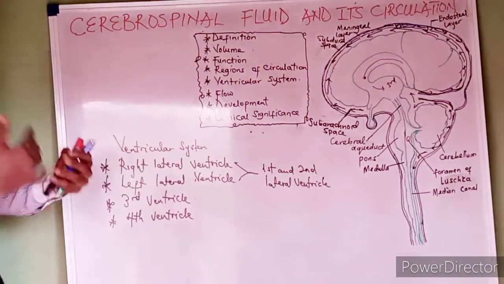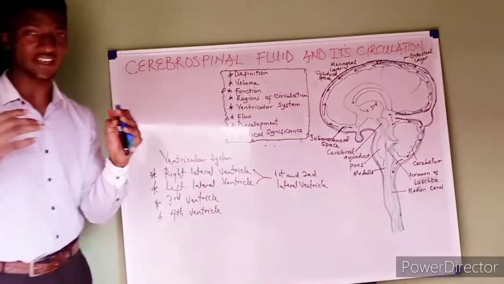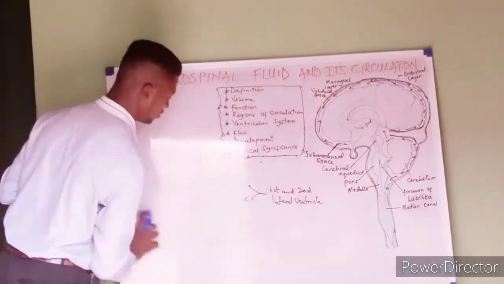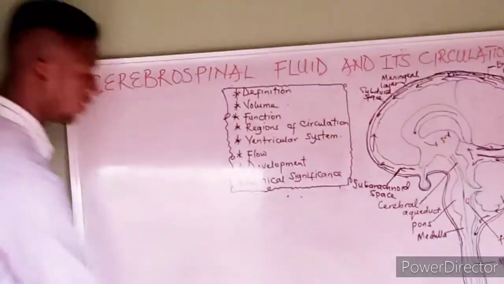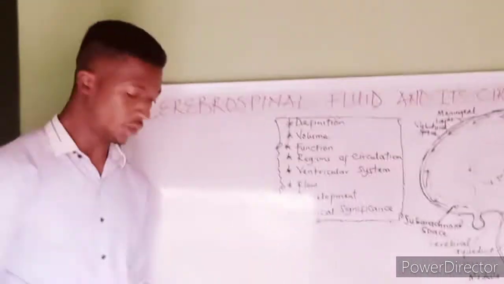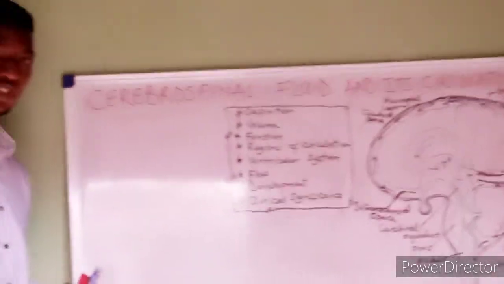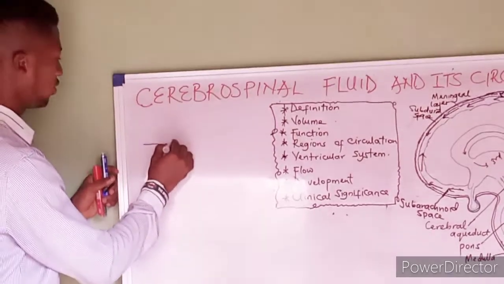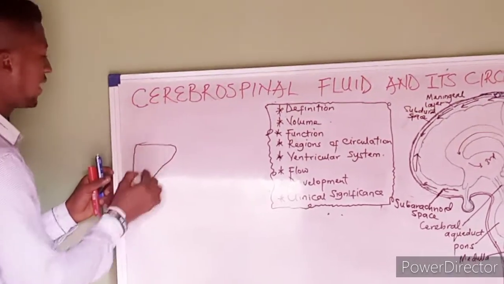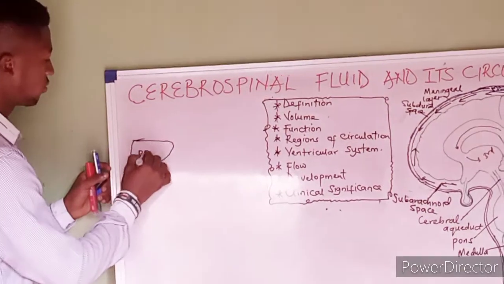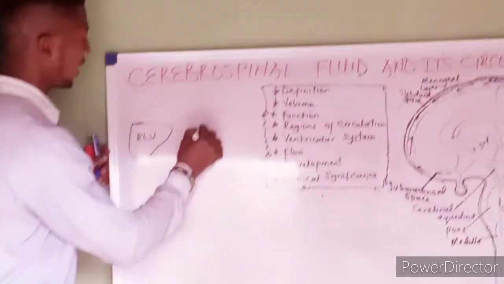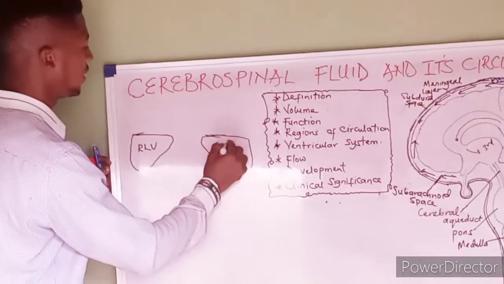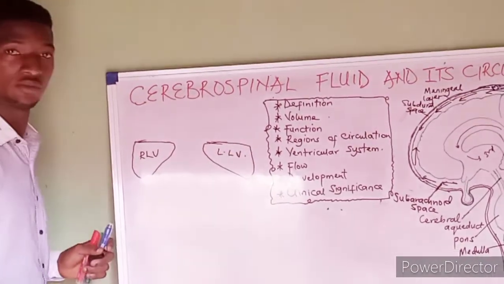Now let's get to understand this better. We'll give a clear diagram for this ventricular system. Do not forget that we want to take the coronal section of the body now. So it's going to present to us what you have on the right and what you have on the left. Now on the right, you have the right lateral ventricle, and on the left, we have the left lateral ventricle.